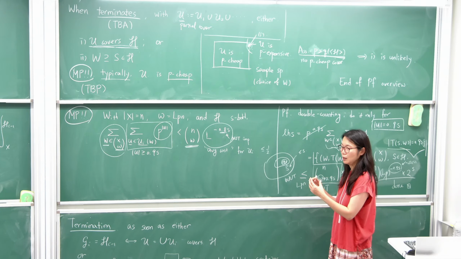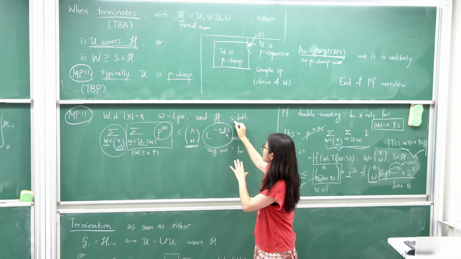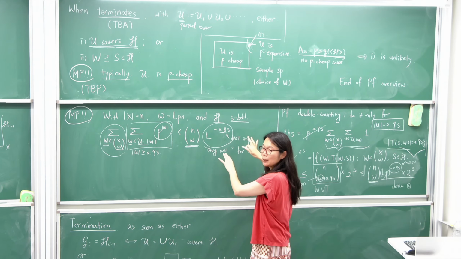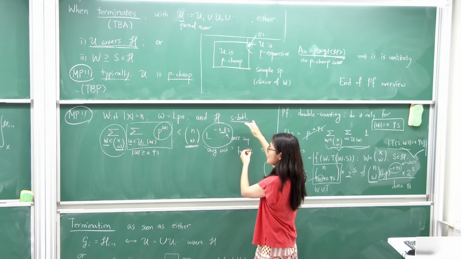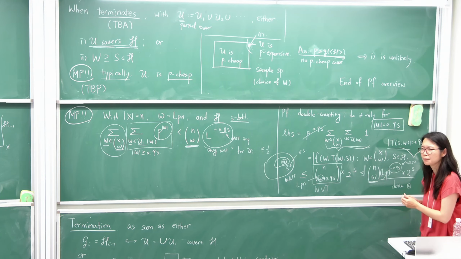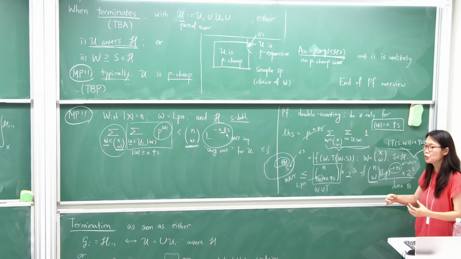The size of s can potentially be large, but you can always replace it by something smaller than s. Here my assumption is h is s bounded. So this is for a fixed step. If we have this s bounded, then the cost is always exponentially small. S bounded doesn't mean its minimal element is at most something; its largest element is at most something. So s-bounded means every element in H has size at most s. Okay. Yes.